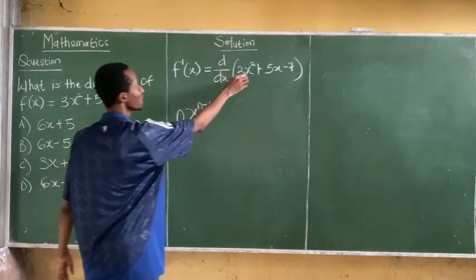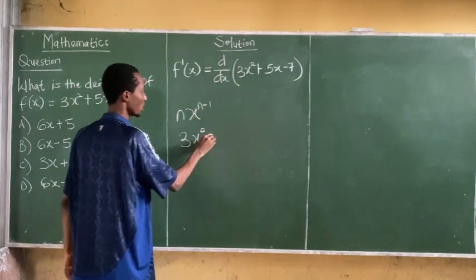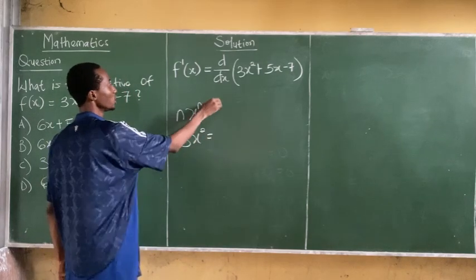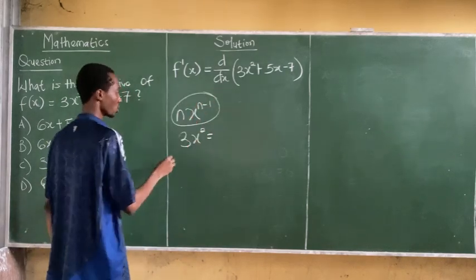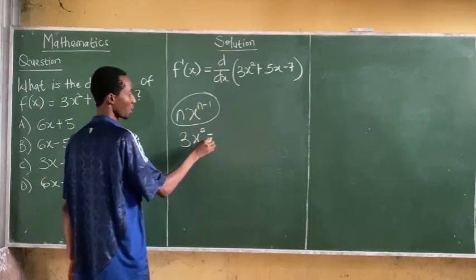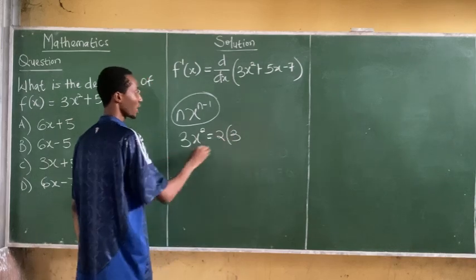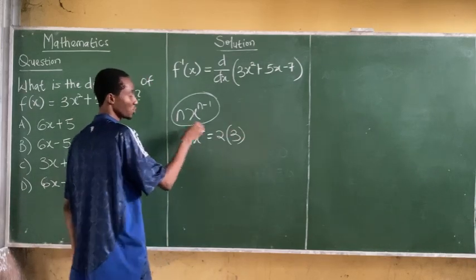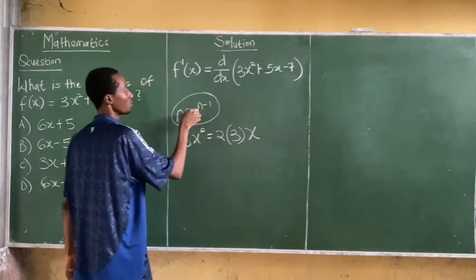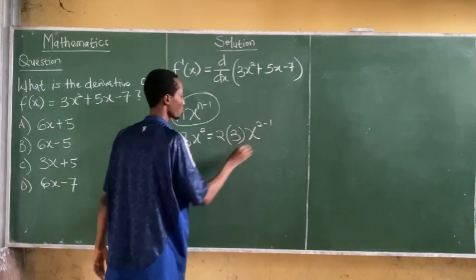If we do that, for this first term, we have 3x squared. If we differentiate it using this shortcut, we have that n first, which is the power, we have 2 into 3. We have x raised to power n minus 1. The power is what? 2. 2 minus 1.